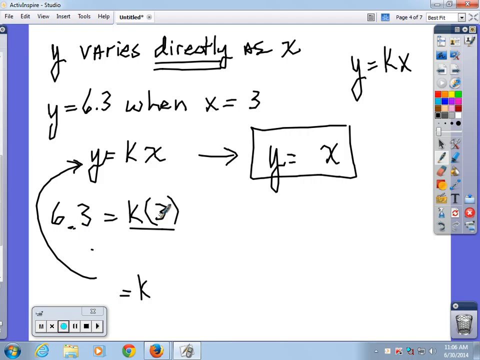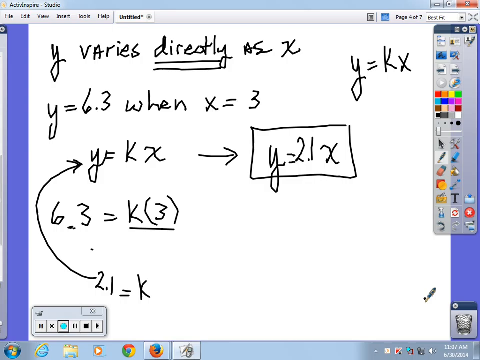And what is our final answer? 2 point what? And then 2.1 goes right. So all you do is divide 6.3 by 3. You always try to calculate, always. And then you put it back into the problem. Put it back in.